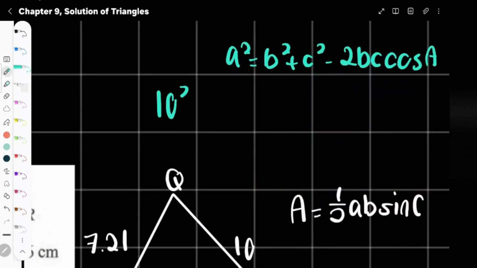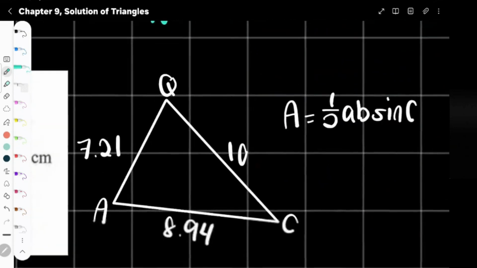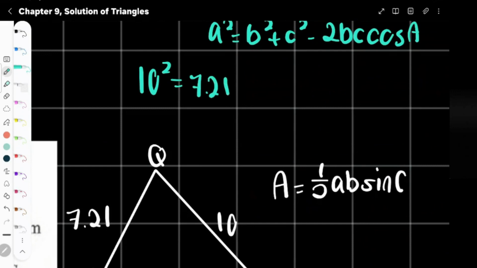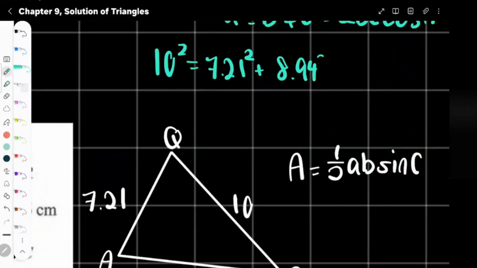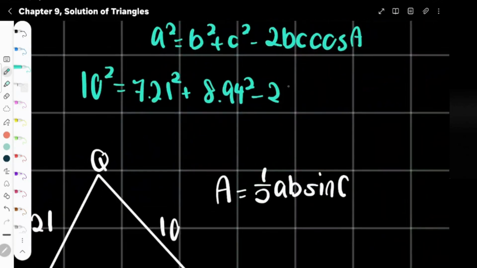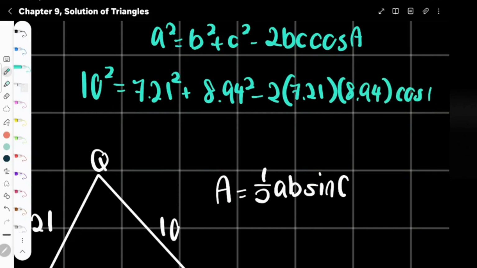So 10 square, let's use this. 10 square equal to 7.21 square plus 8.94 square minus 2 times 7.21 times 8.94 cos A. Okay, so let's move all of this to the left side.